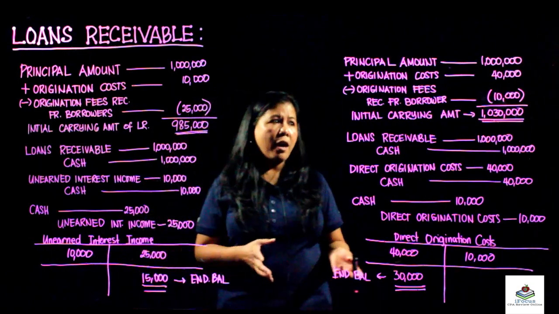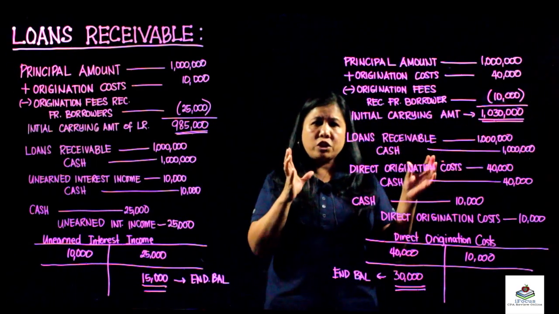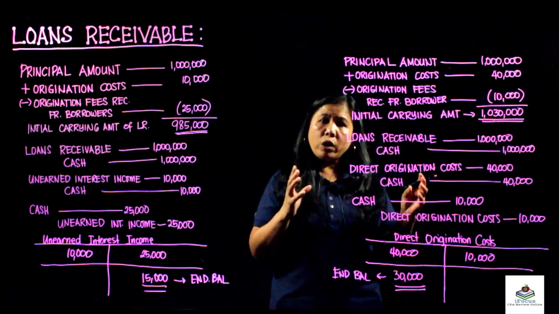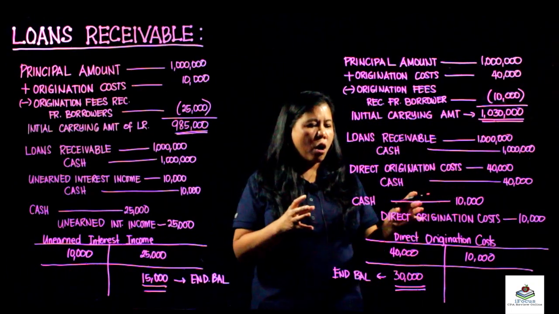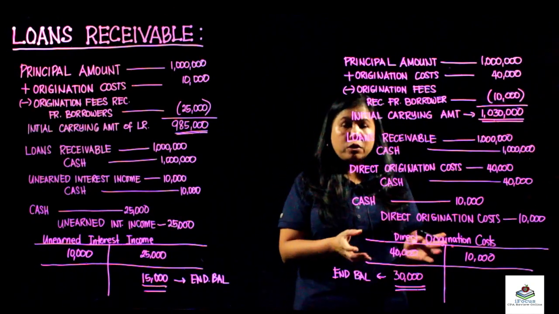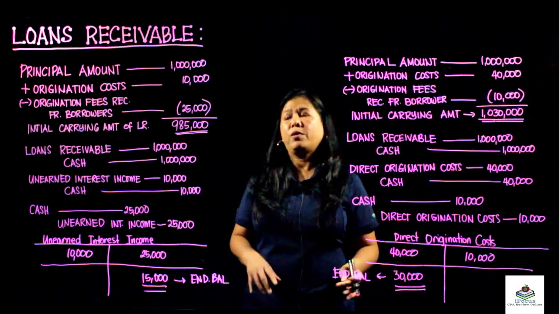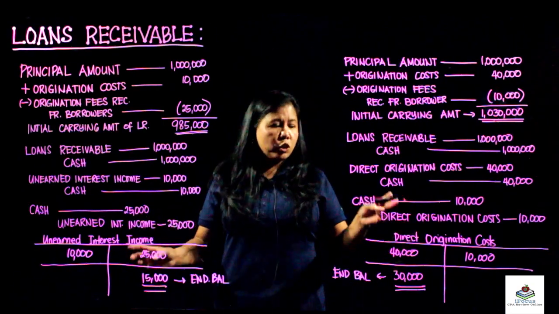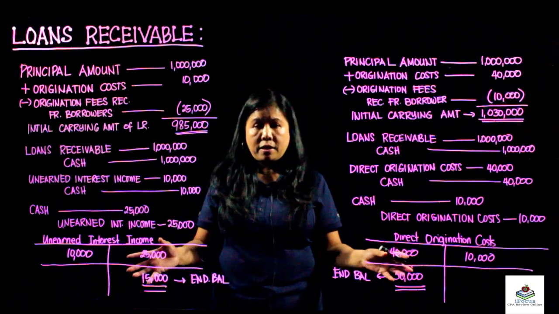On the other hand, if the principal amount is less than the initial carrying amount, as if we lost 30,000, the 30,000 will be charged to the account called direct origination costs, and that's going to be the debit side.